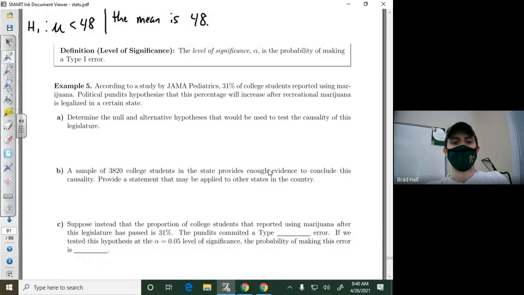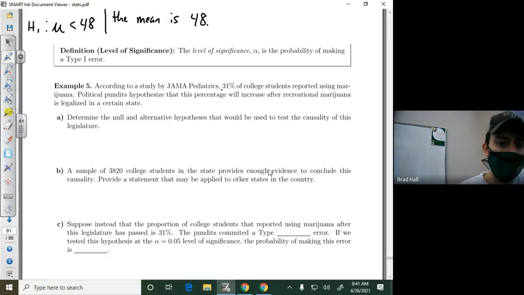Let's first determine the null and the alternative hypotheses here. We need a symbol to work with first. So what's the parameter in this problem? It's proportion, because there's a percentage. 31% is the quantity, and that quantity is a proportion. So we can go ahead and figure out the hypotheses here.